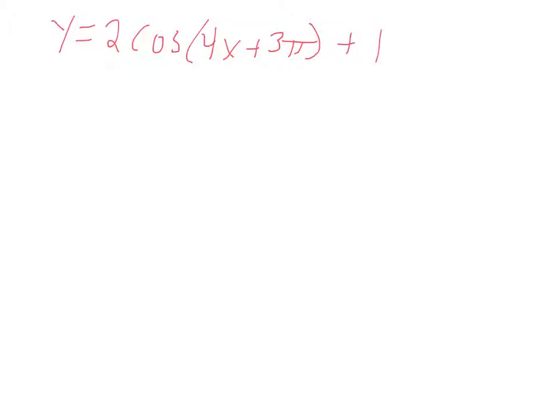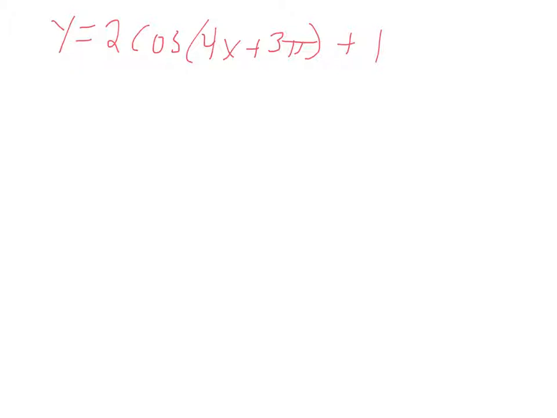So this is the first time we've had every single type of function transformation going on. We have a vertical stretch, a horizontal stretch, a horizontal translation, also known as phase shift, and we also have a vertical translation. So go ahead and give that one a shot, and be careful with this vertical translation, where the maximums and minimums go in terms of how high and low they are.